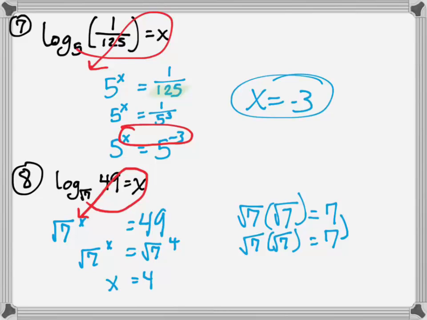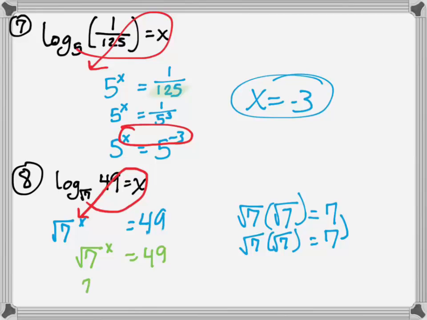Now, another way you could have thought about this is square root of 7 to the x is equal to 49.